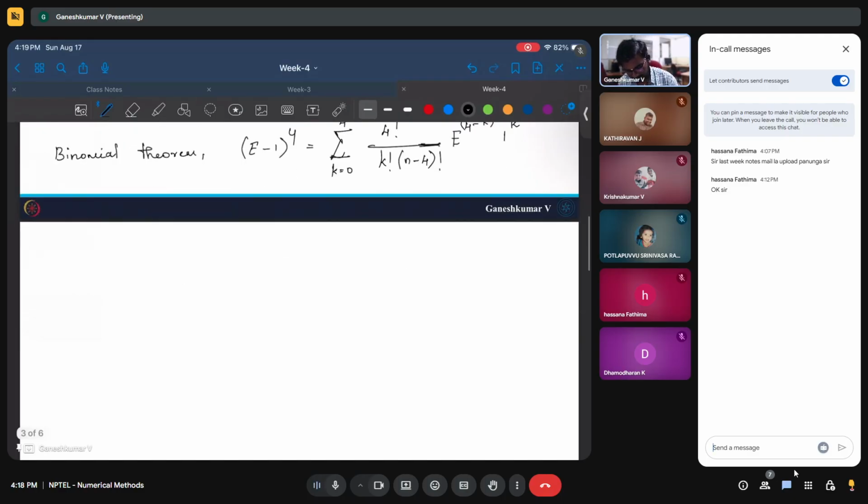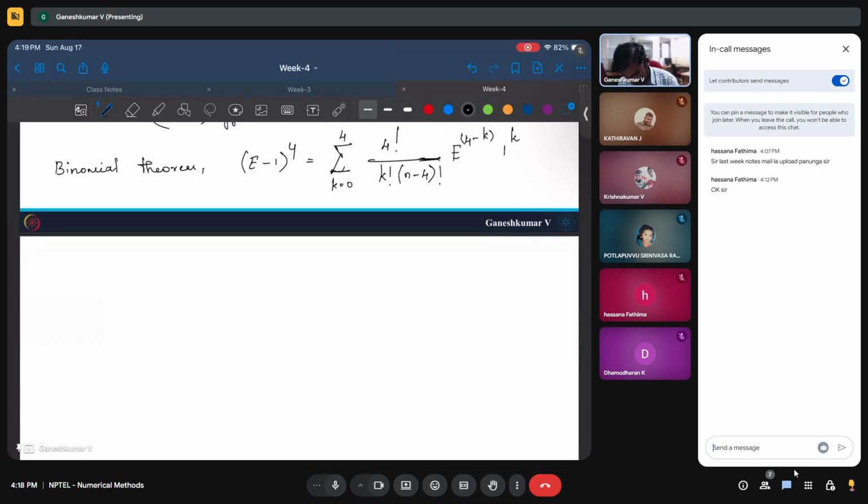Maybe I will write it in general form so that you will understand. (a + b)^n you can write as the summation k equals 0 to n of n factorial divided by k factorial (n − k) factorial, times a^(n − k) b^k.